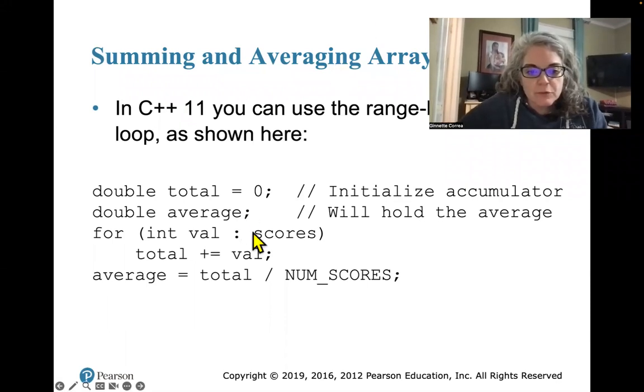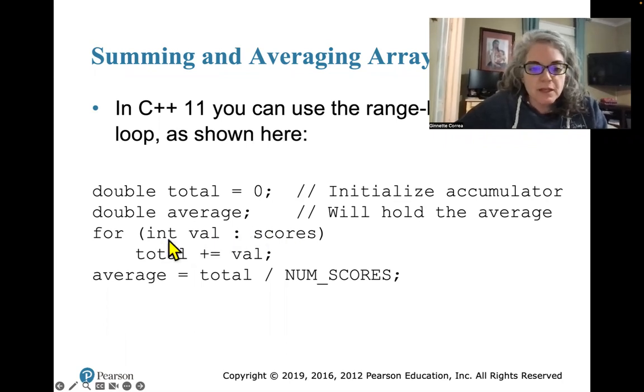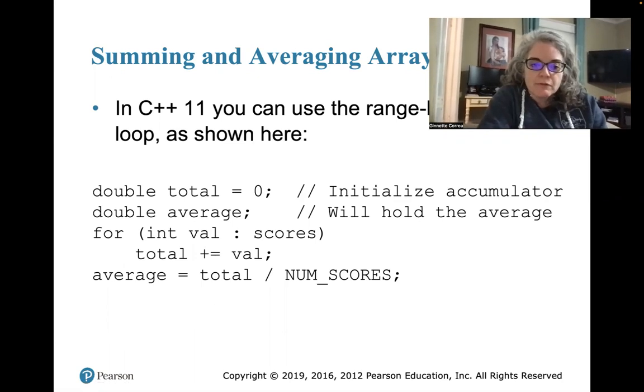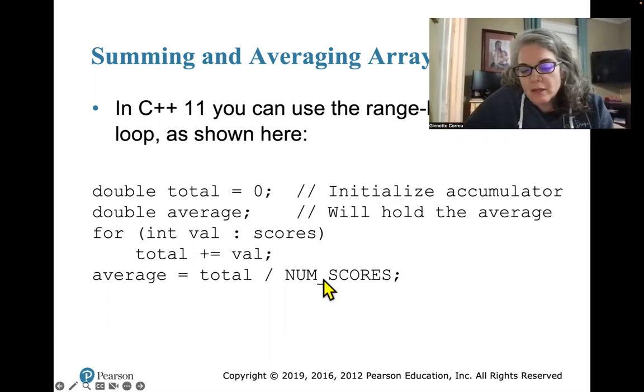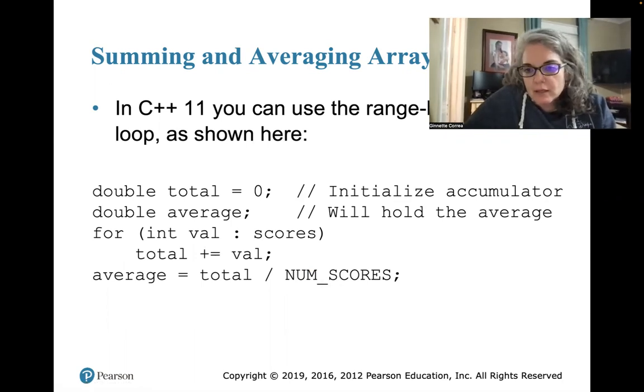So here we have the array scores. We're going to iterate through each item in scores and accumulate the value and then average the total. So average equals total divided by num scores. Num scores is just going to be a constant. So let's say that this array had 5 scores, then you would divide the total by 5.